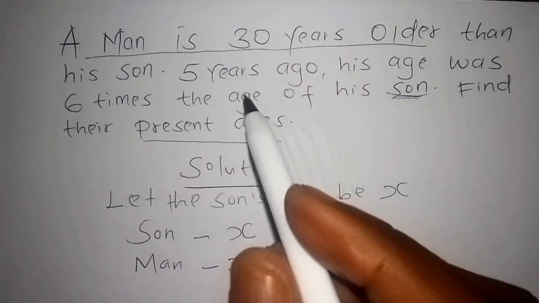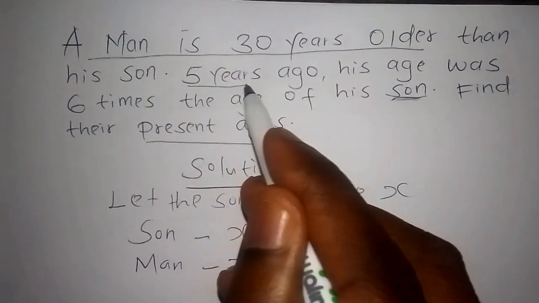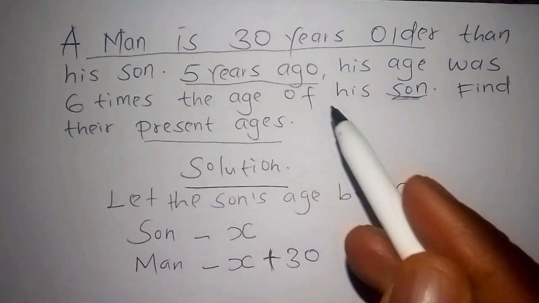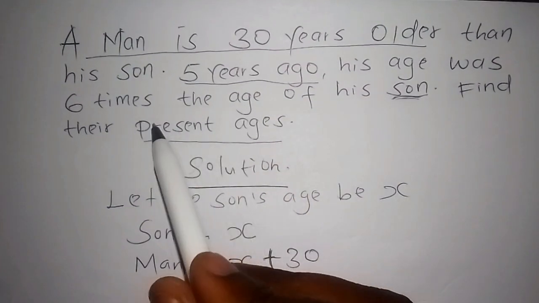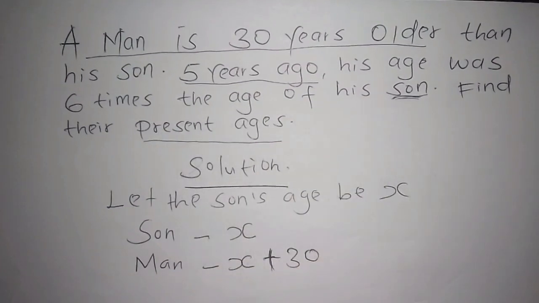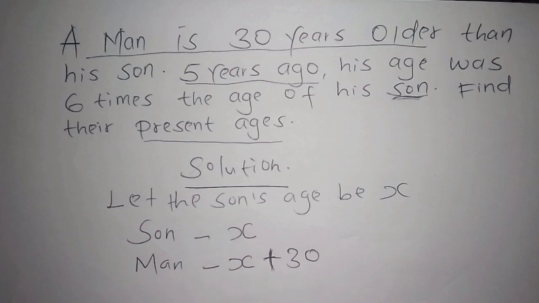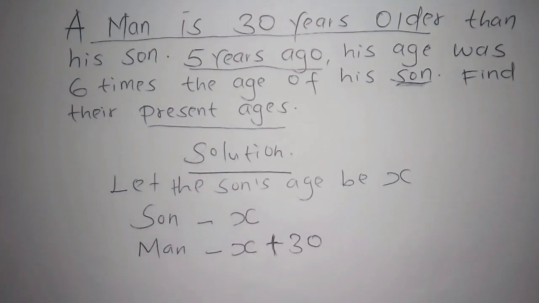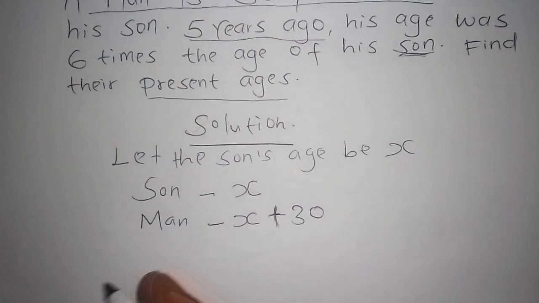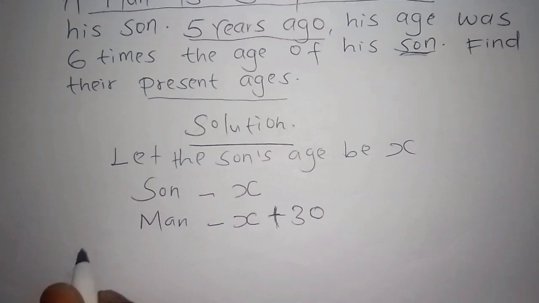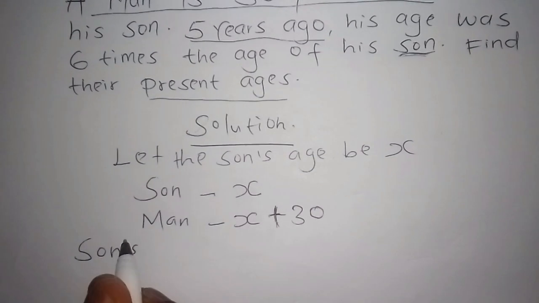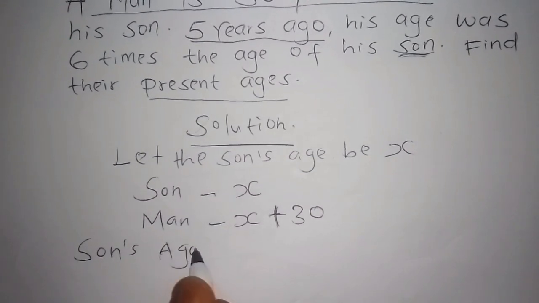Then you are told 5 years ago, underline this, 5 years ago, his age was 6 times the age of his son. So let's check the age of the son 5 years ago.